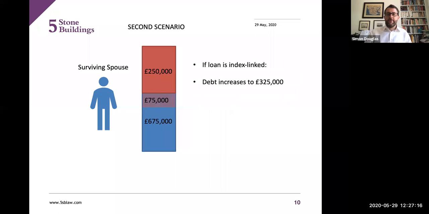The problem now is that this sum of money, which now should be paid to the trustees of the discretionary trust, it's now being taken out of the inheritance tax regime, where, as we saw, it was subject to a rate of 0%, and has now been dragged into the income tax regime because it's now being paid as interest, according to the revenue, to the trustees. And because it's now being paid as interest, it's now subject to income tax at 45%. So instead of taxing this at 0%, it's now being taxed at a rate of 45%.